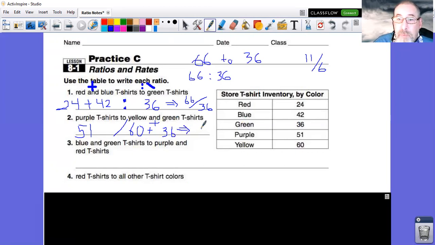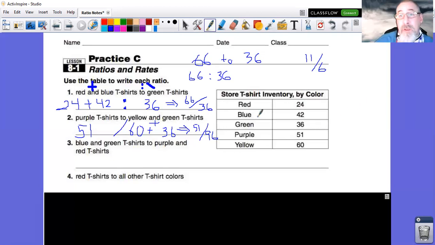And I will end up with 51 to 96. Perfectly fine answer. You can write it with the colons, you can write it with the word to, you can even simplify this down. It does simplify. I'm not going to do that because it's not necessary.